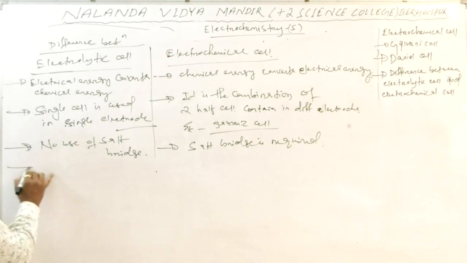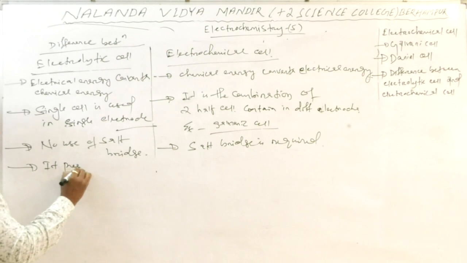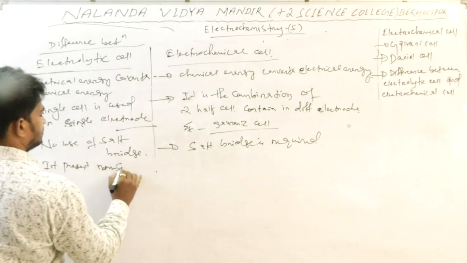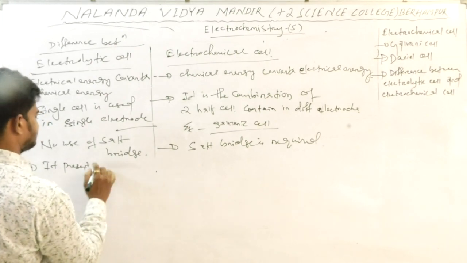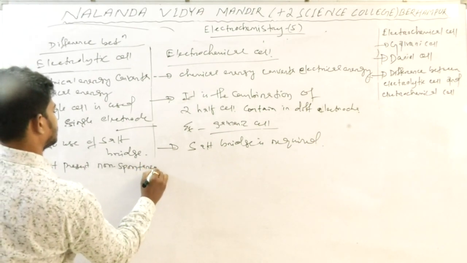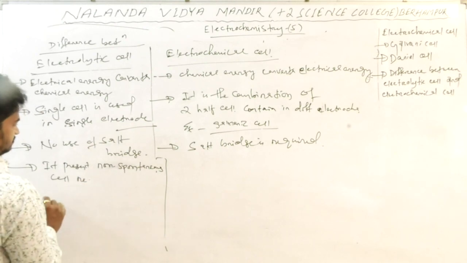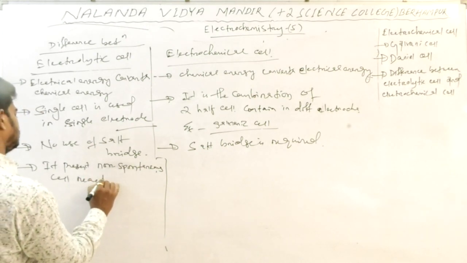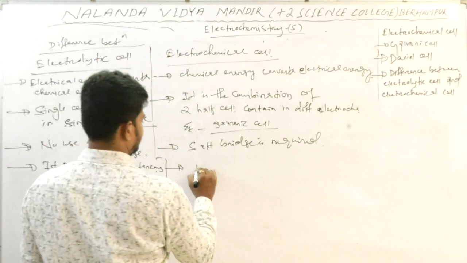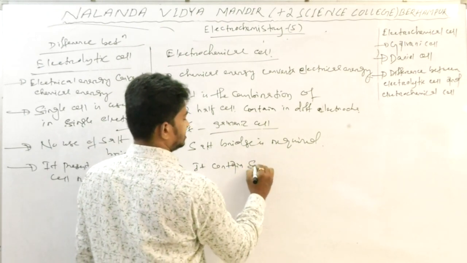The electrolytic cell shows a non-spontaneous cell reaction, and the electrochemical cell contains a spontaneous cell reaction.